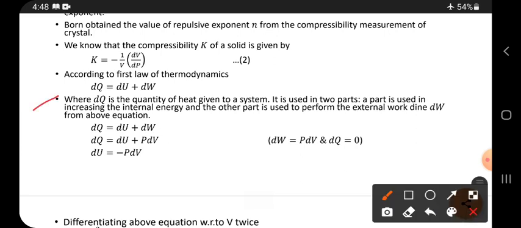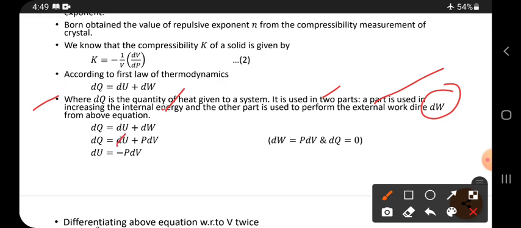Here dq is the quantity of heat given to a system, and it is used in two parts. One part is used in increasing the internal energy, and the other part is used to perform external work done, dw.